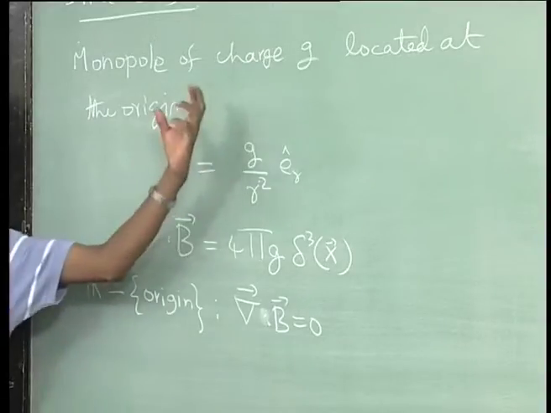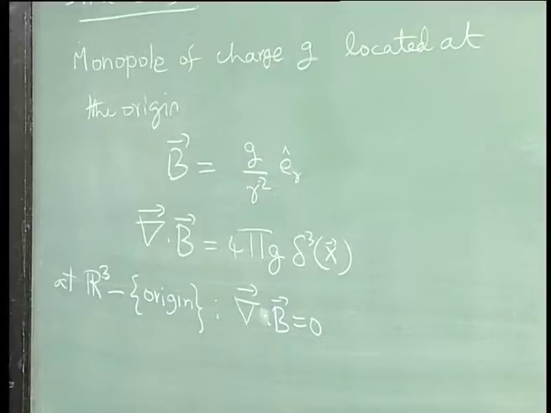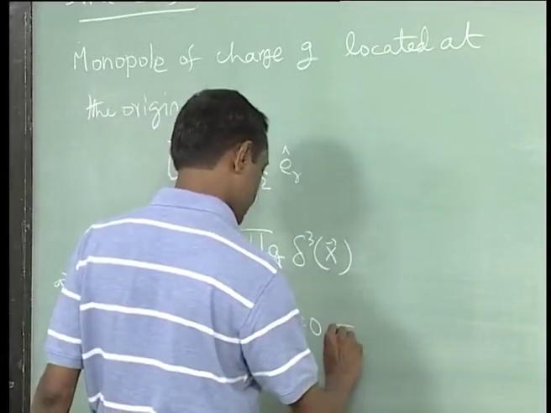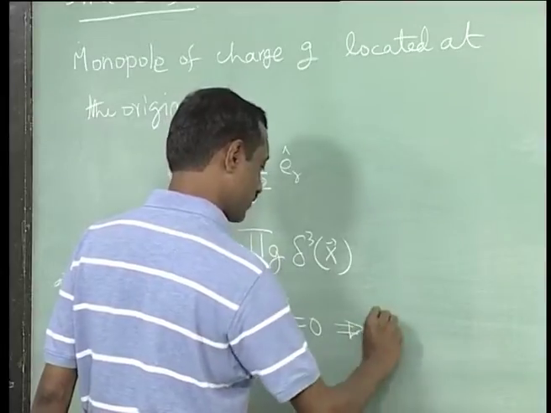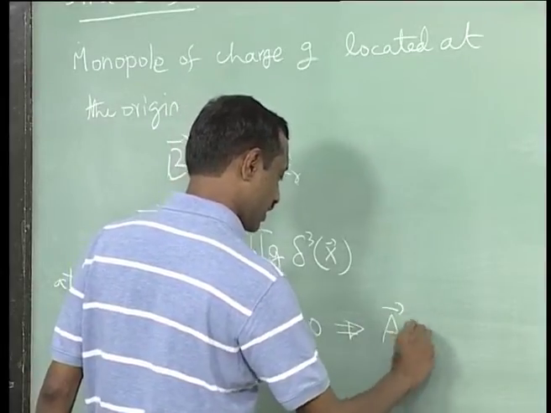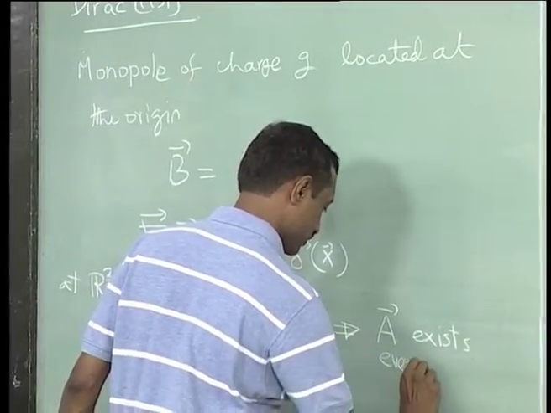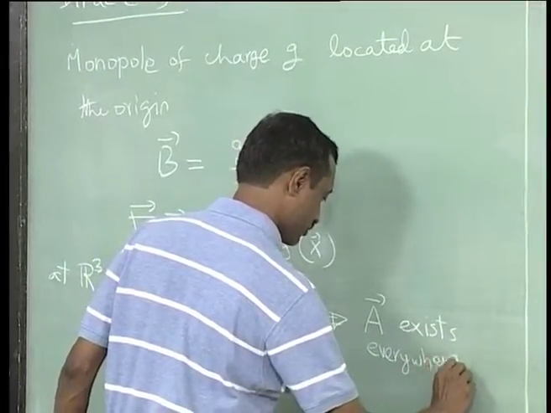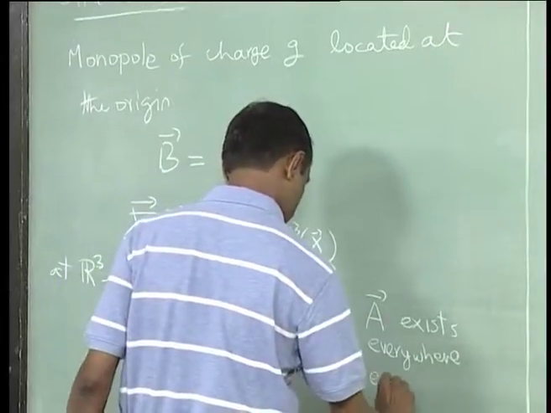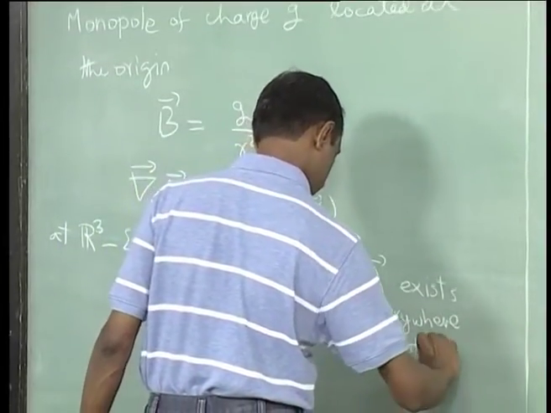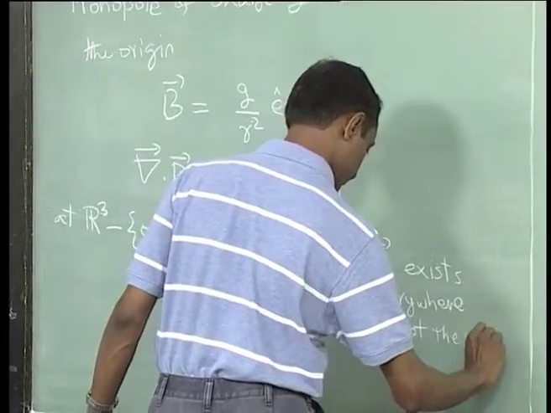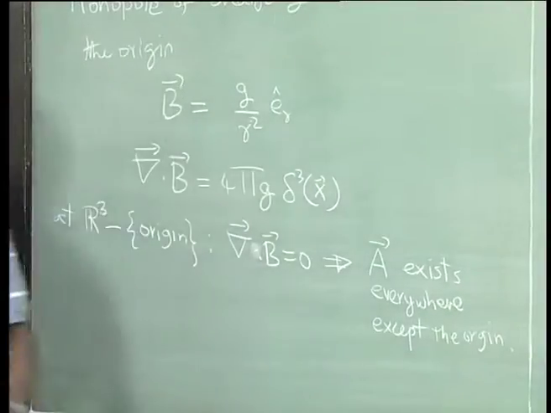We have a point charge, so at every point in space except one point, things are normal. So this naively suggests that we can write A exists everywhere except the origin. This is a naive guess, right?